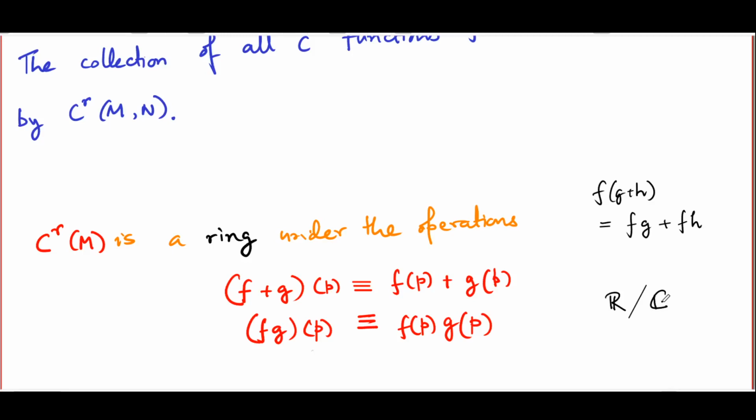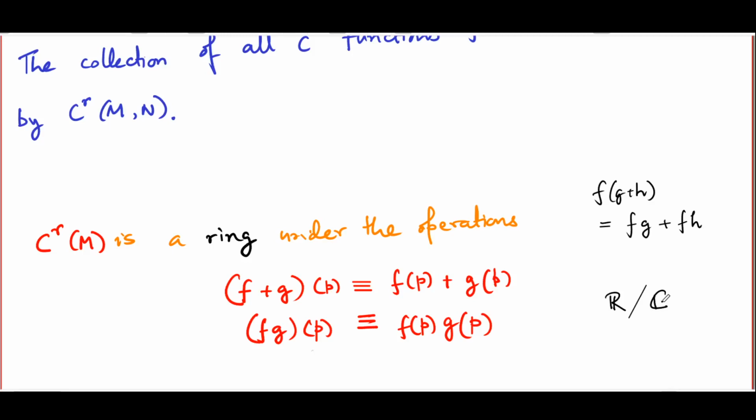Now, the reason why C^∞(M) is just a ring and not a field is as follows. If you were to try to divide two functions, the natural definition to use, and one that would automatically follow from the definition of multiplication here, is that f over g should be a function which, when evaluated at a point p, should be f(p) by g(p).